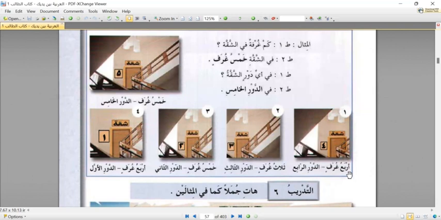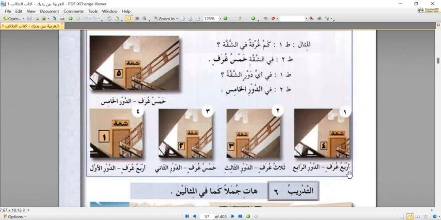نعم أحسنت. في الشقة أربع غرف. أربع comes from أربعة. So أربعة for feminine, أربع masculine. So في الشقة أربع غرف. There are four rooms in the apartment.